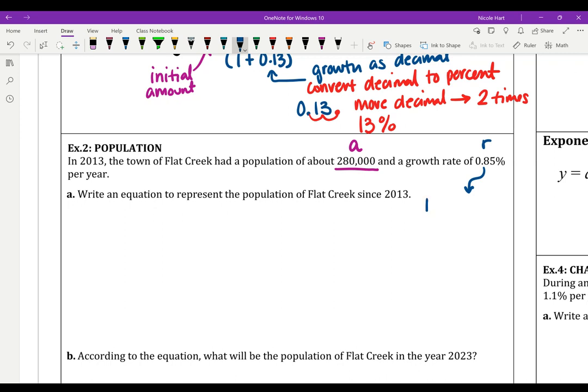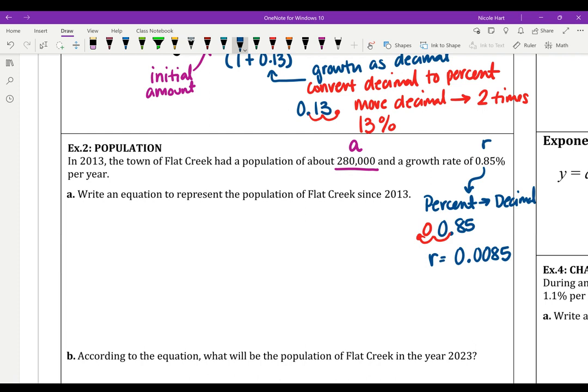So we're going to go from a percent to a decimal. So we're going to do the opposite of what we just did. So we have a percentage of 0.85. We are going to take that decimal and slide it to the left 2 times. This gives us a decimal for our rate of 0.0085. So that is going to be our rate.